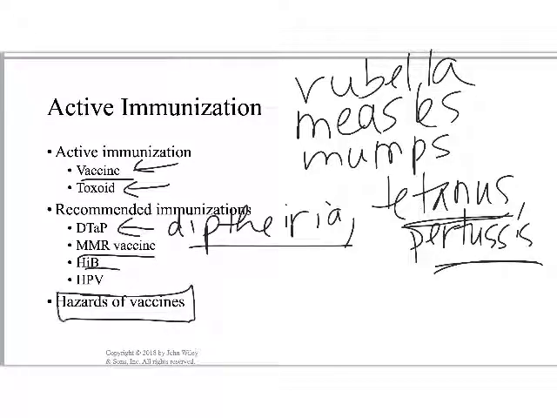Okay, so hazards of vaccines. Most of the time, there's just maybe an immune response. People have soreness at the site of injection. They might feel a little bit yucky. But there are lots of instances in the past where companies have messed up or didn't do a good job making vaccines. So there are some instances of bad vaccine manufacturing.